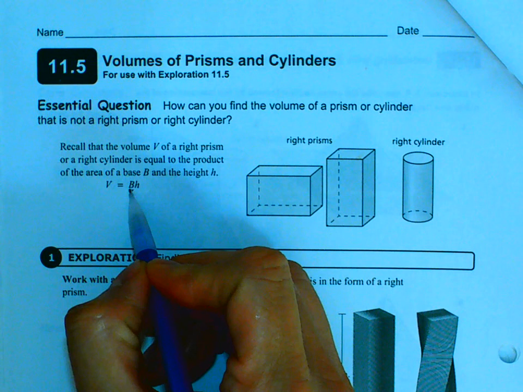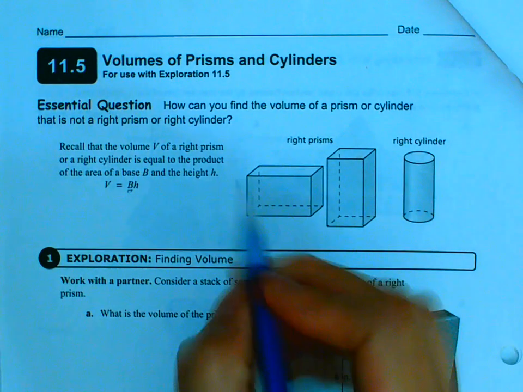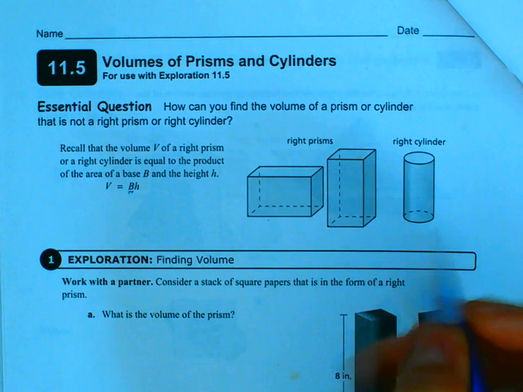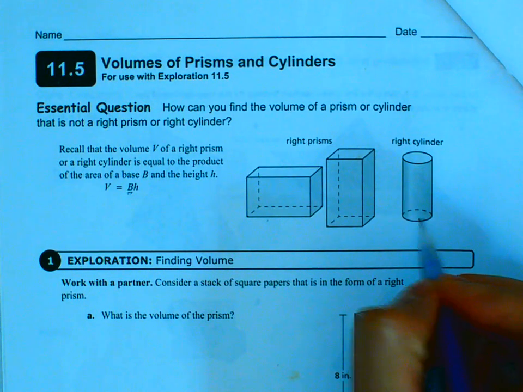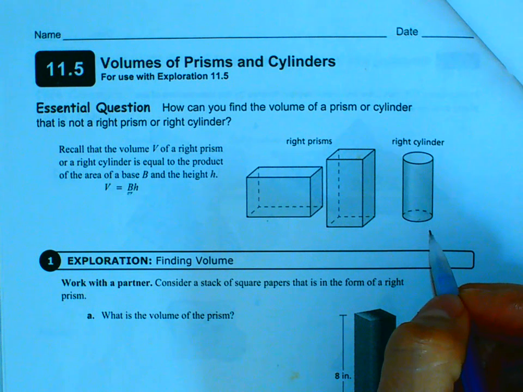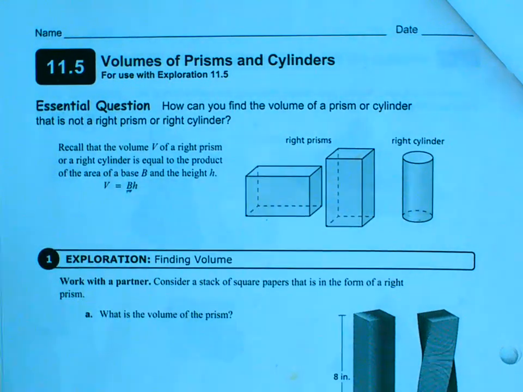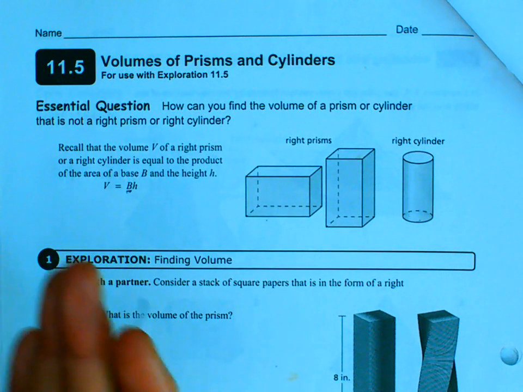If it's a square, it's going to be the side length squared. If it's a rectangle, length times width. And if it's a right cylinder, then we're going to use the equation for the area of a circle for the area of the base. So this B all depends on what the base is going to be.